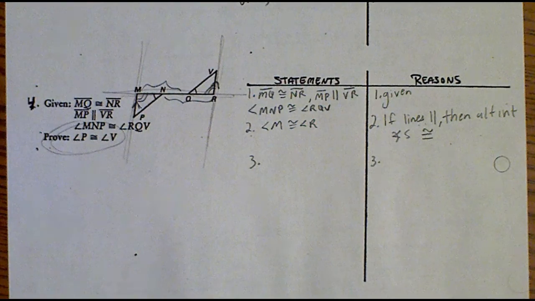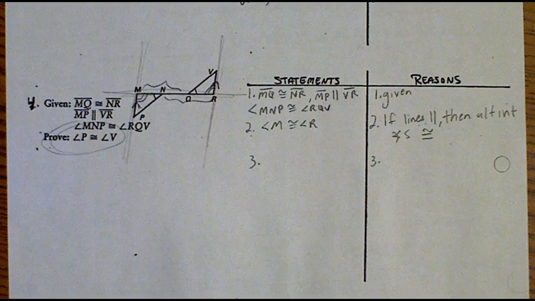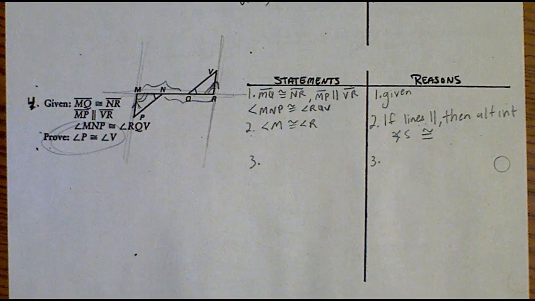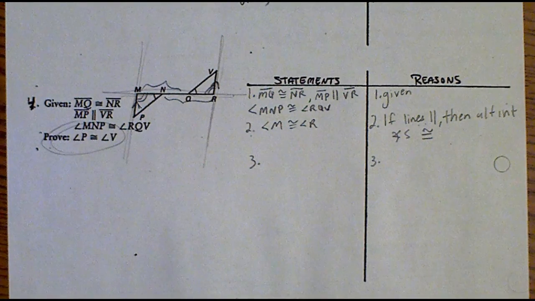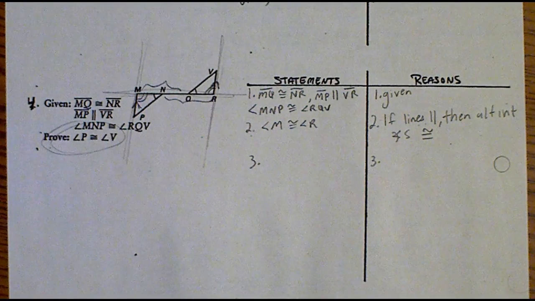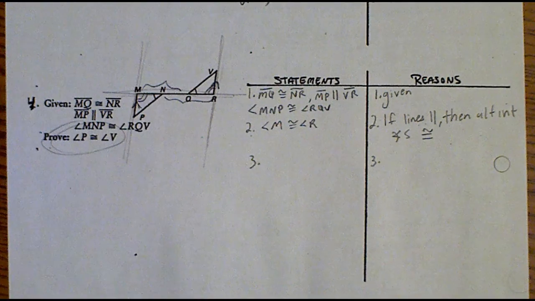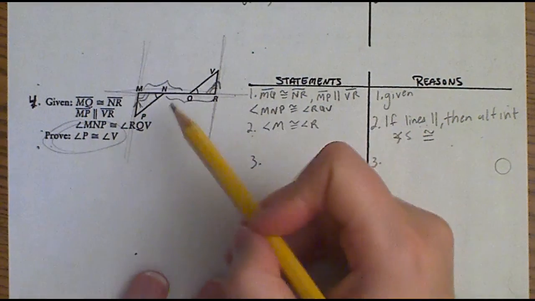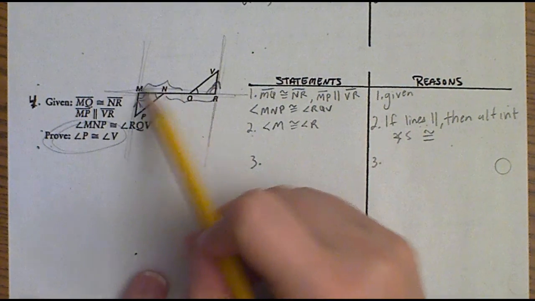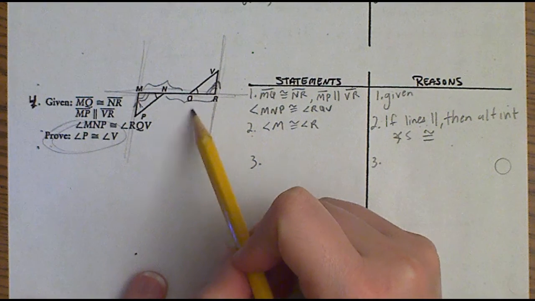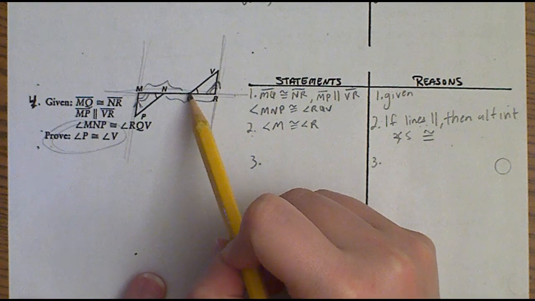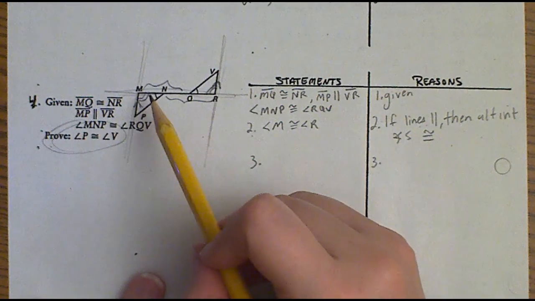So at this point, we have 2 sets of congruent angles, which tells me that I could either use AAS or ASA. So then I want to go to my diagram and see if I can figure out at least one of the sides in my picture. So the only thing that we know is these segments, but MQ is not actually a segment of a triangle, but MN is.